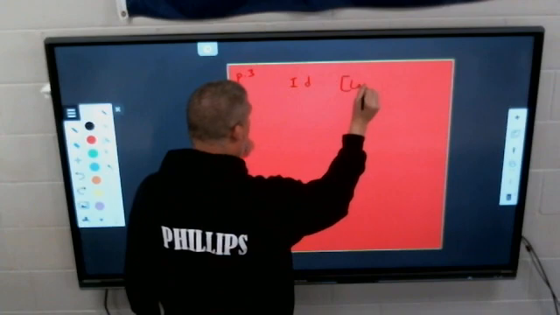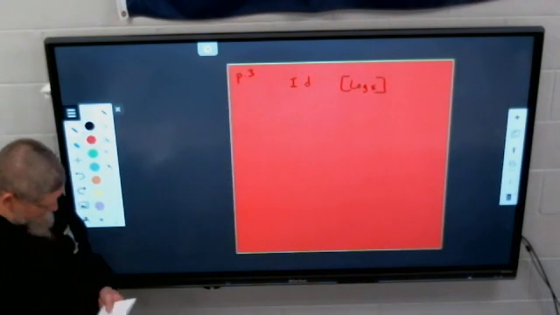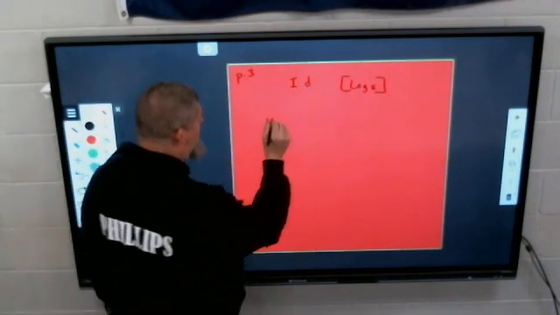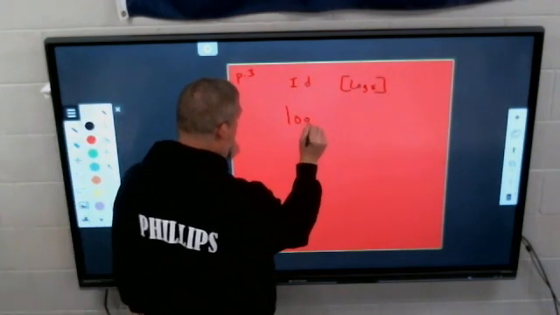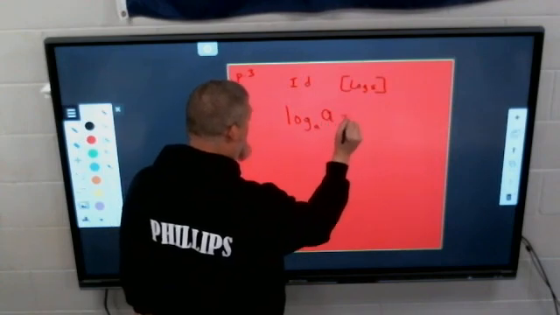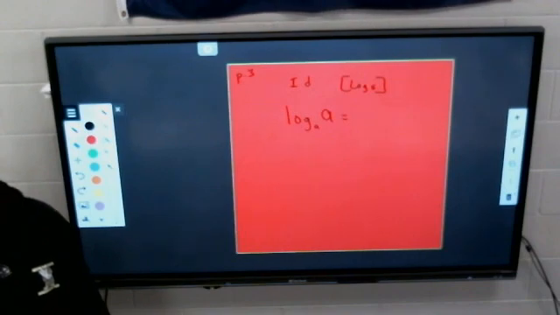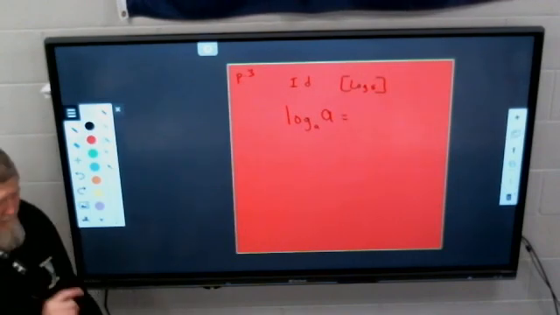Once again, this is going to be for logs. So if I have log to some base A of A, what's that going to be? One.